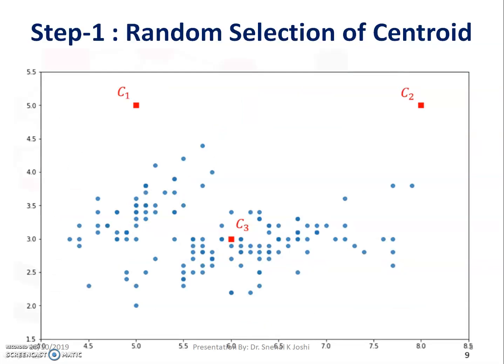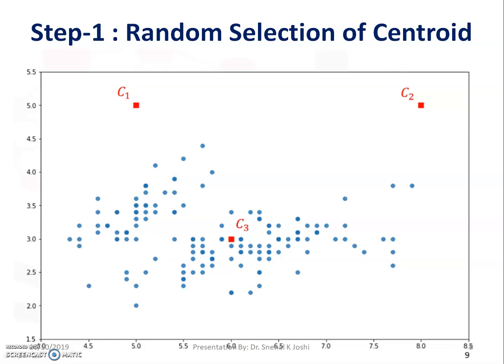Let us talk about the first step, random selection of centroids. How to determine the number of clusters, that is the value for k, is an important objective. Consider we have selected the value for k as 3. That means we require 3 points which represent the clusters in the data set, and we call them centroids.